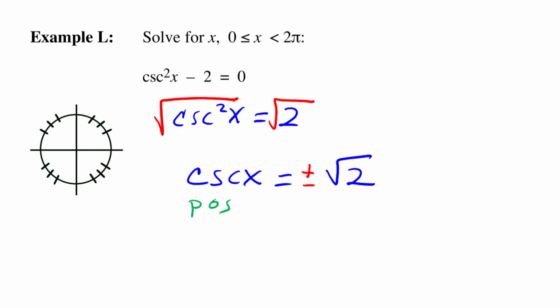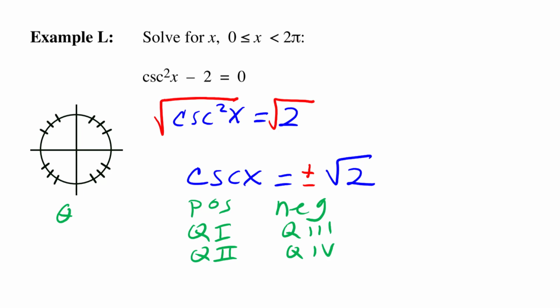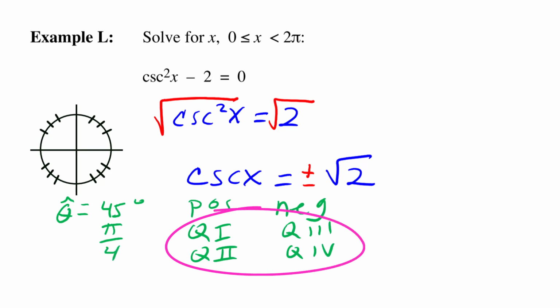So when we consider cosecant x being the positive square root of 2, we're talking about quadrants 1 and 2. And when cosecant x is the negative square root of 2, we're talking about quadrants 3 and 4. In all 4 cases, theta hat is 45 degrees, or pi over 4. And notice we're going to use all 4 quadrants.